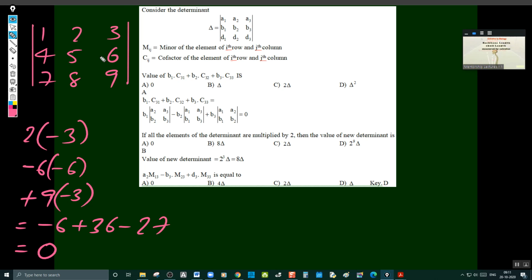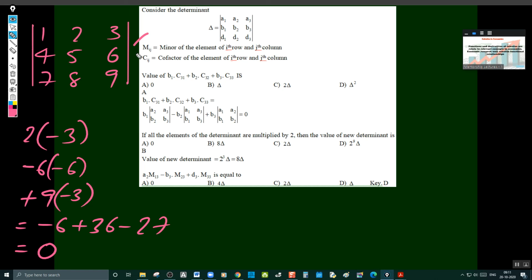Why have I taken these consecutive numbers here? Anyone in the class, tell me why I have taken consecutive numbers there. Respond. You know that. You can say that. Because I want to confirm myself that its determinant is 0.